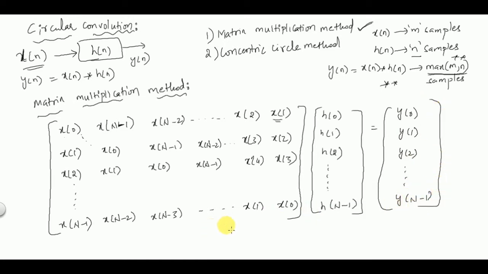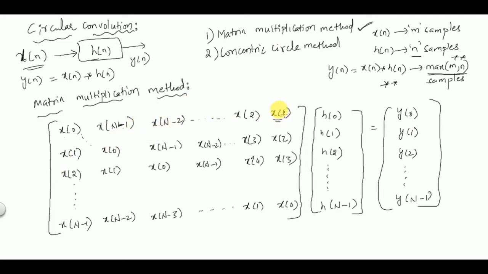This is the procedure which we follow in the matrix multiplication method. Since it involves a matrix, this method is called the matrix multiplication method. First of all we take x of 0 and the last sample, that is x of n minus 1, and the remaining samples x of n minus 2 and so on up to x of 1. Now shift each row by one bit right.